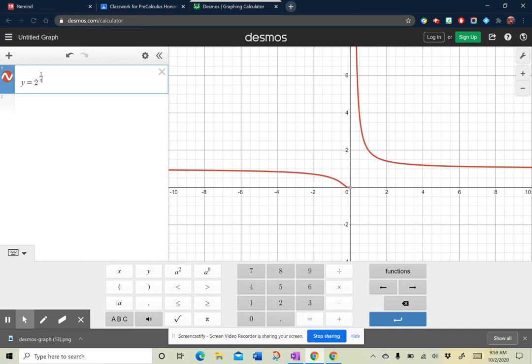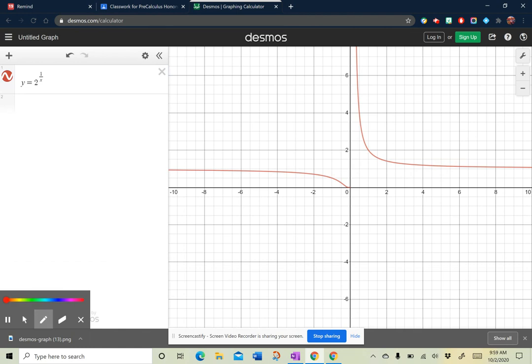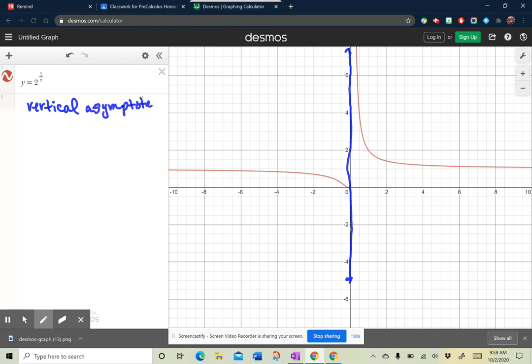If you look, okay, you will notice that there seems to be a vertical asymptote right here. All right, so that would make perfect sense because we can't divide by a 0, which gives us this.